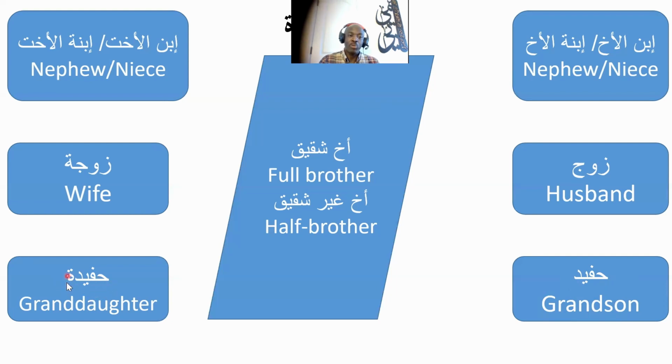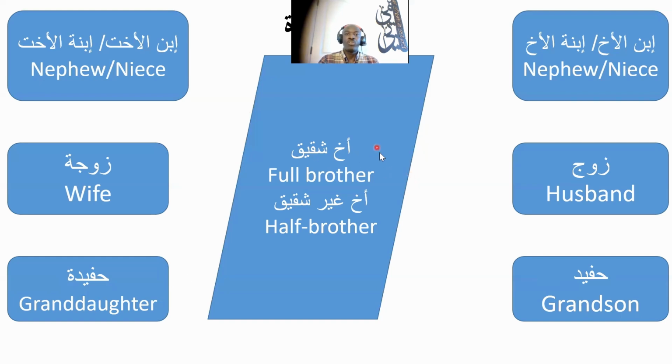We added the ta marbuta, but we did not connect the ta marbuta to the dal because dal is a non-connecting letter. So that's why we don't connect any letter that comes after dal to the letter dal, as you can see here in the example, hafida. Hafida is granddaughter. So we have hafid, grandson, hafida.